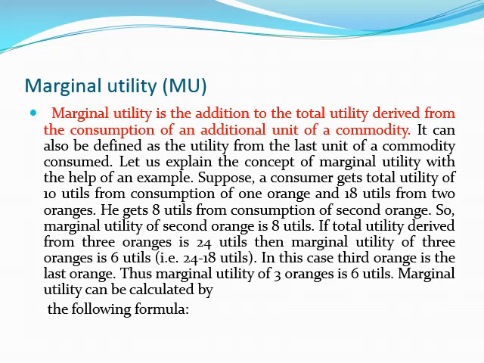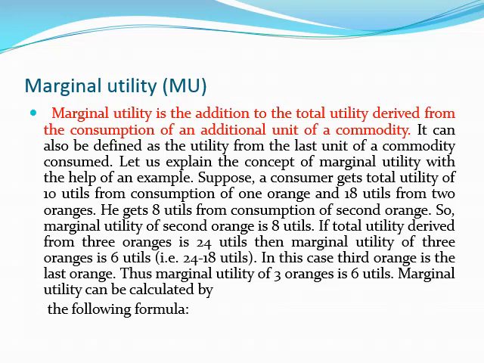Marginal utility, MU. Marginal utility is the addition to the total utility derived from the consumption of an additional unit of a commodity. It can also be defined as the utility from the last unit of a commodity consumed. Now, let us explain the concept of marginal utility with the help of an example.